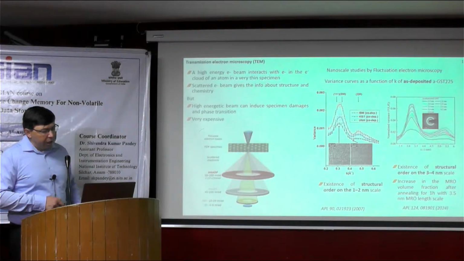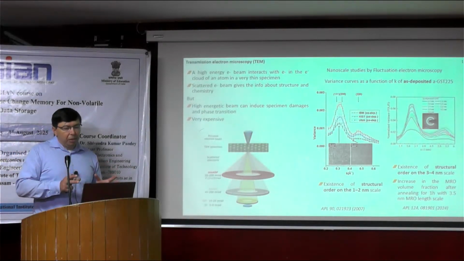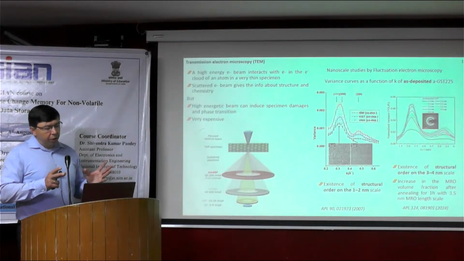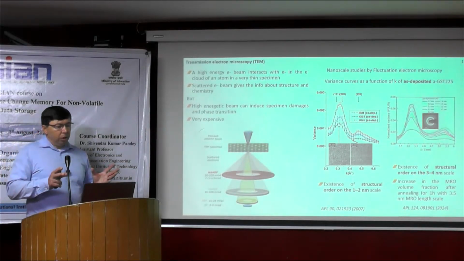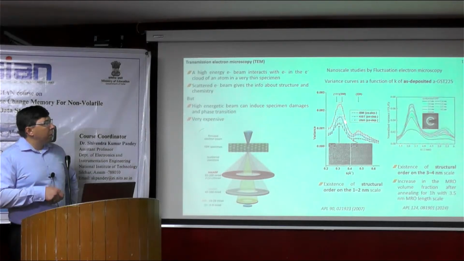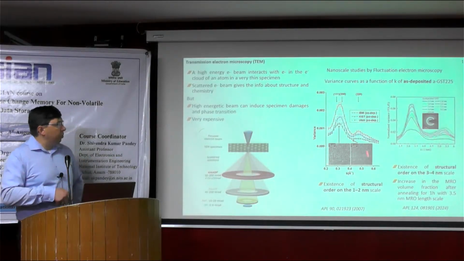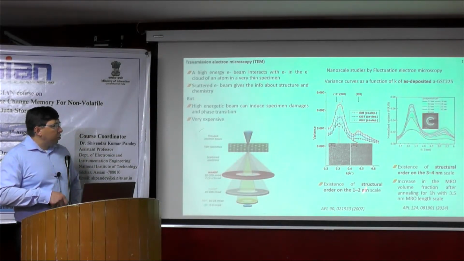It gives you the clusters or domains, on which length scale this ordering occurs. This is some experimental data showing the existence of short-range order on the scale of 1 to 2 nanometers.